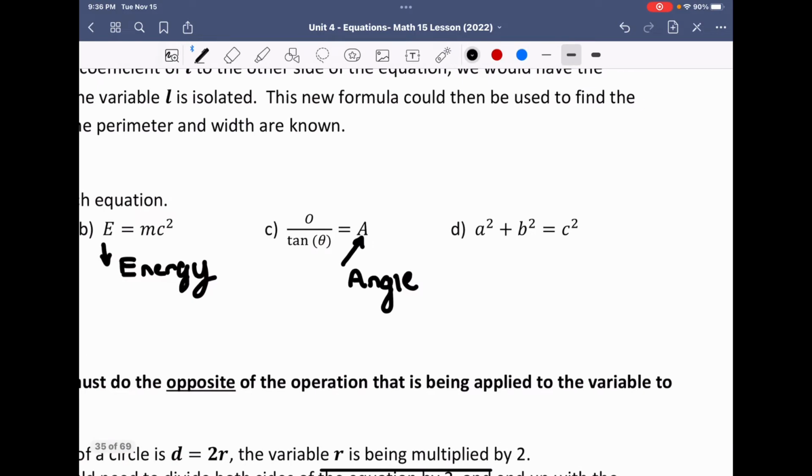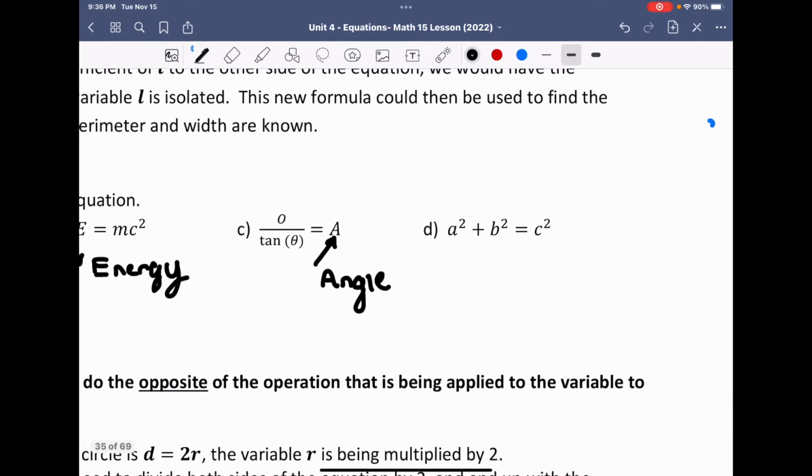And then finally, a squared plus b squared equals c squared, we know this is actually just our Pythag identity, or the Pythag theorem. So we can call this Pythag theorem. And more specifically, what does C represent, or the isolated variable here?